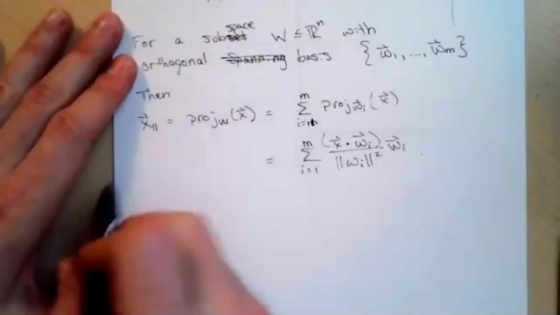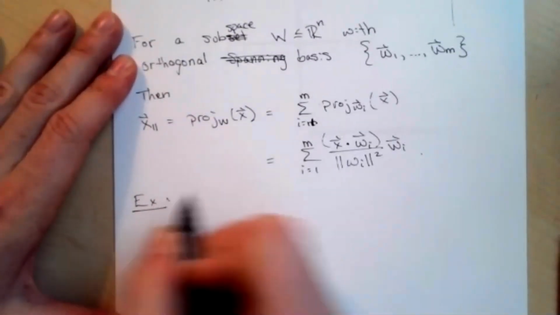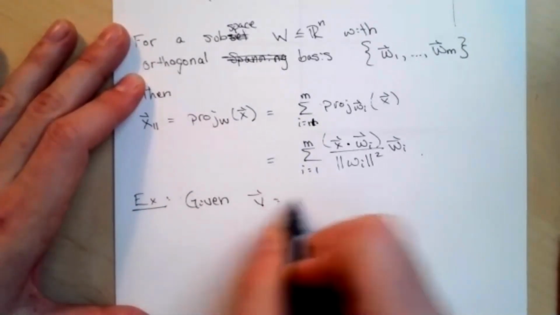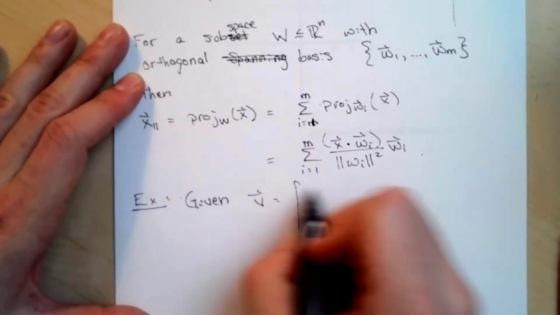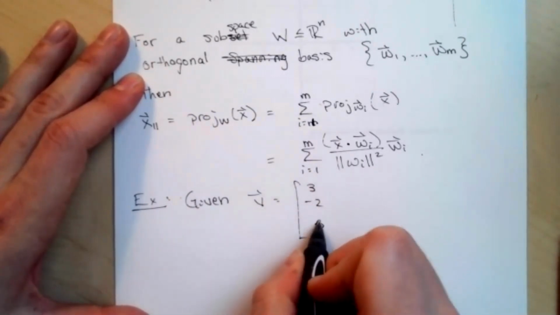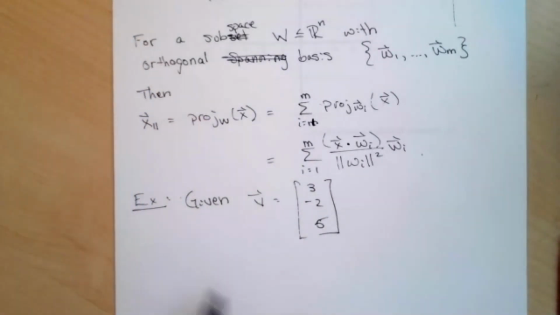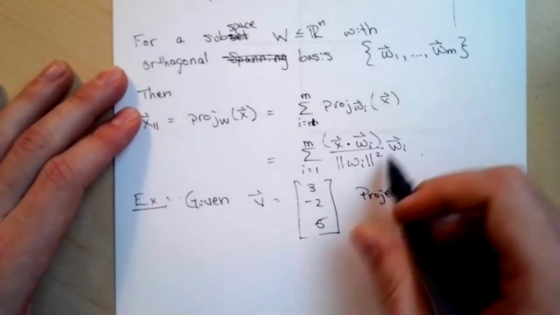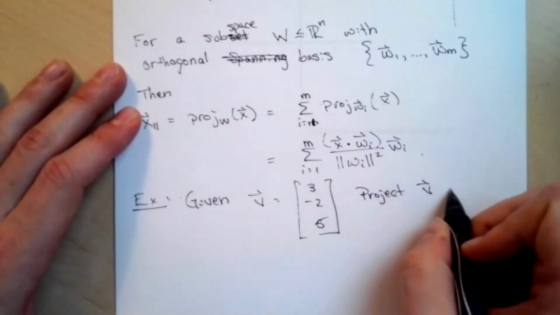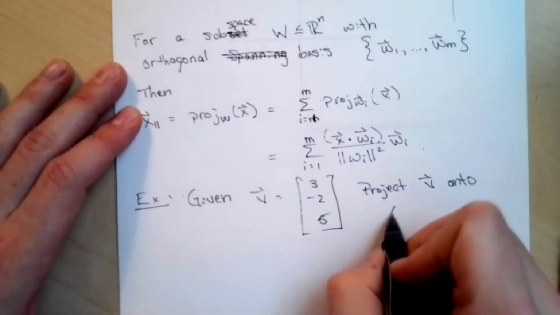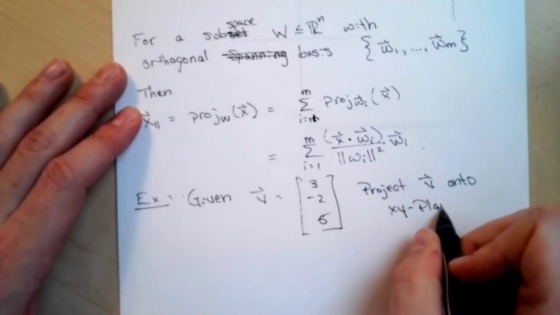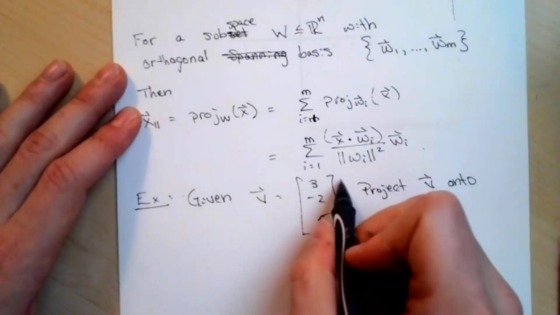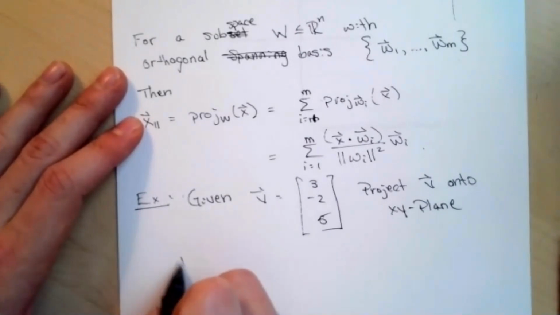So, easy examples, and where you should draw the analogy. If this is our v, and we want to project v onto the xy plane, well, the xy plane is spanned by our e1 and e2. So that's pretty easy.